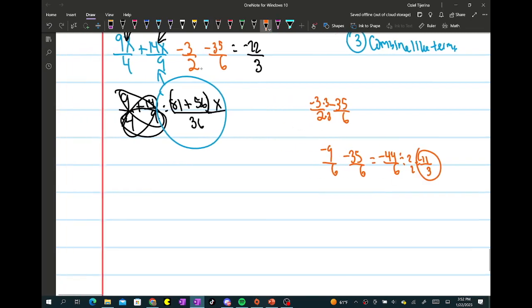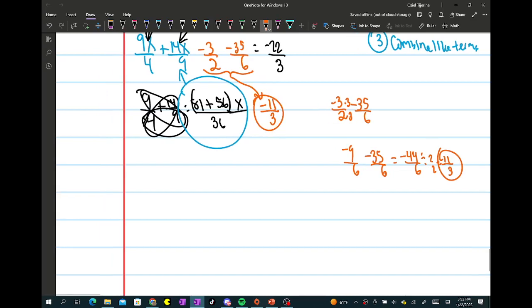So really, this becomes negative 11 over 3.